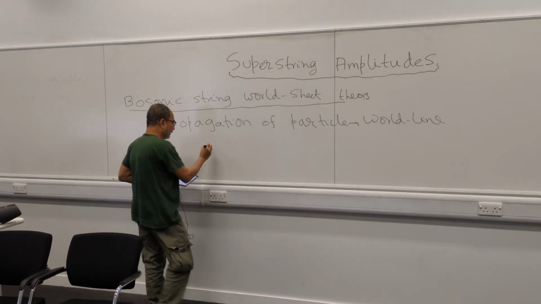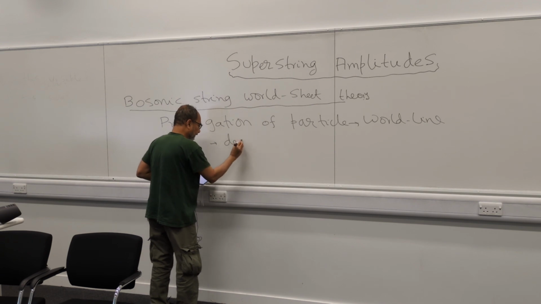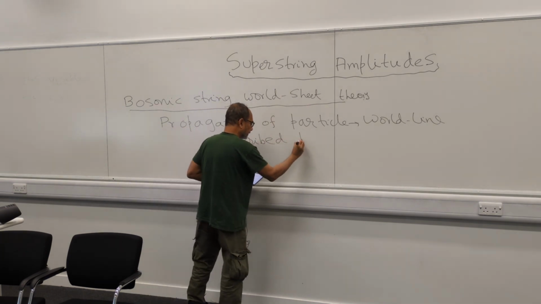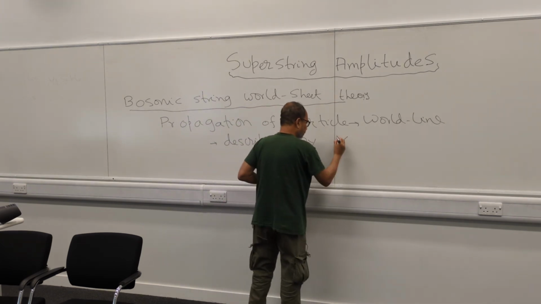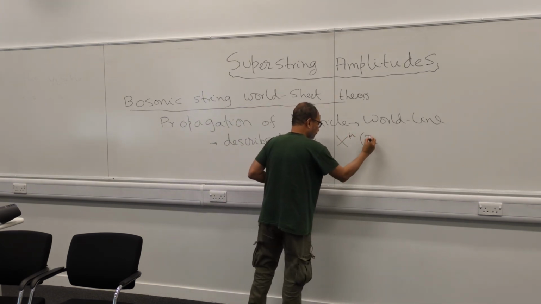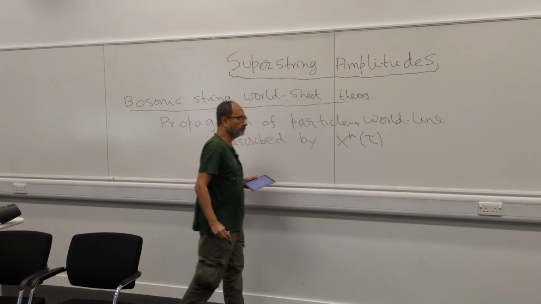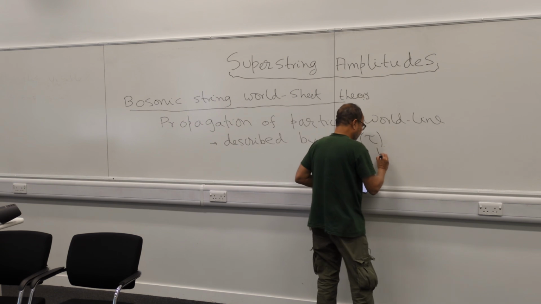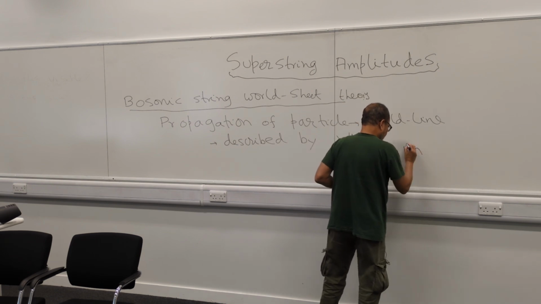And so this is described by specifying a set of functions x mu of tau, where x mu are the space-time coordinates and tau is an intrinsic parameter that labels the world line.